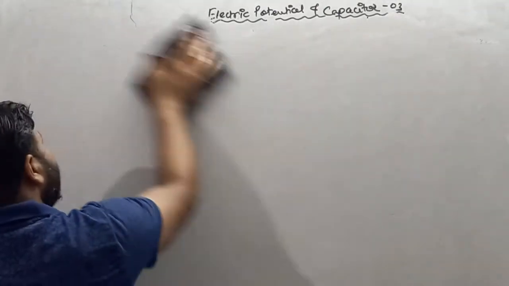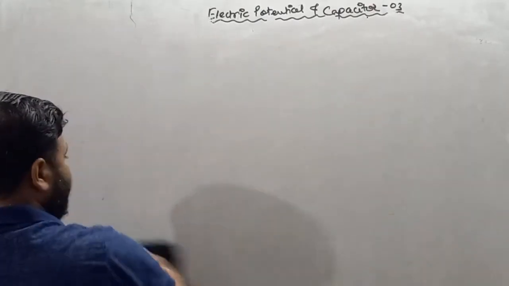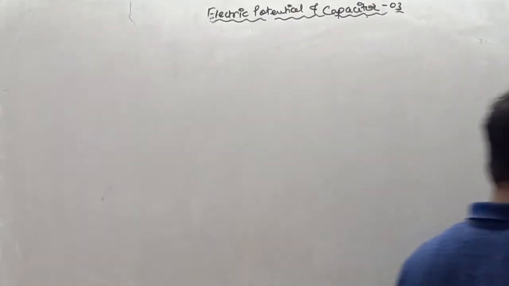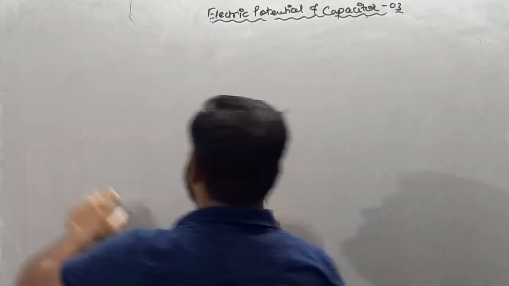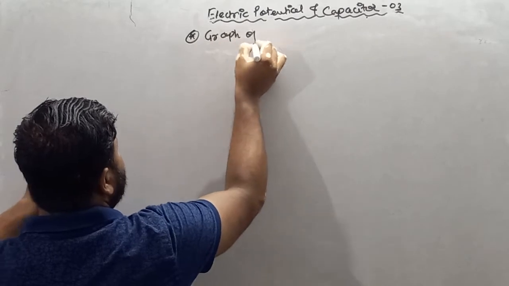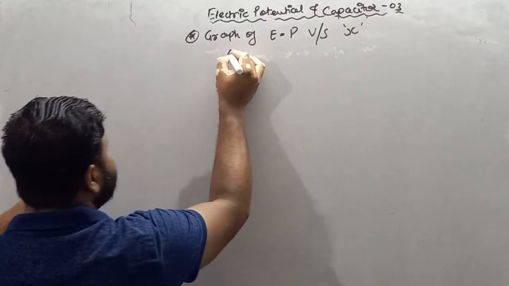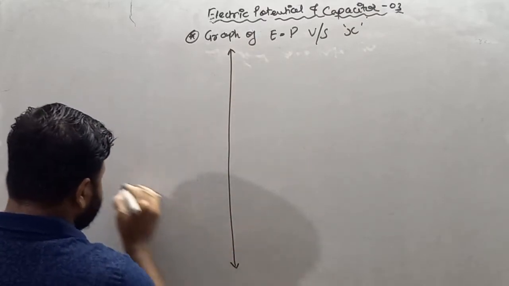So let's make a graph of electric potential versus x in case of, my dear student, ring.